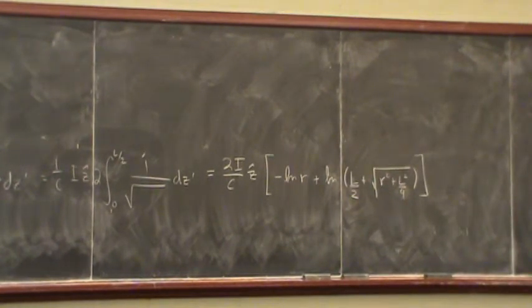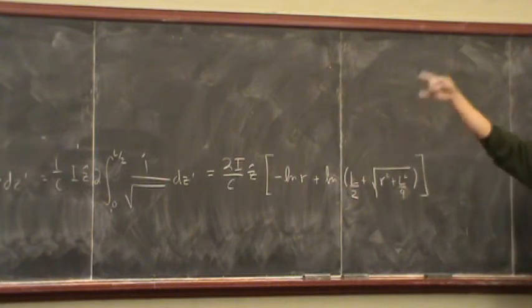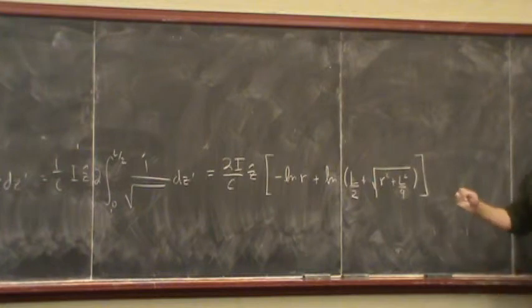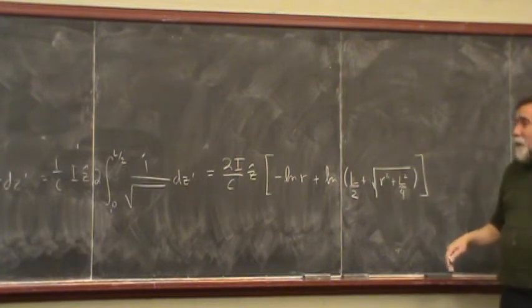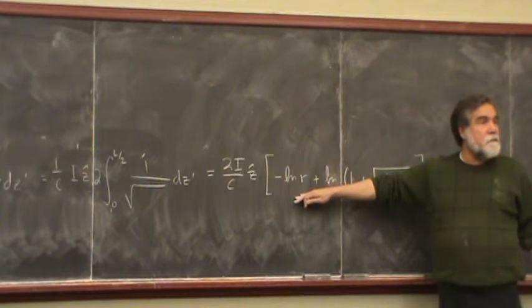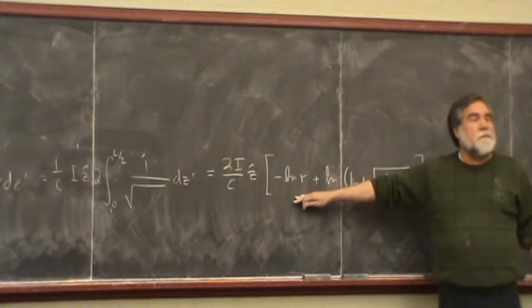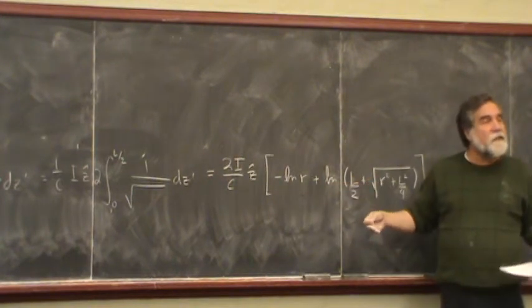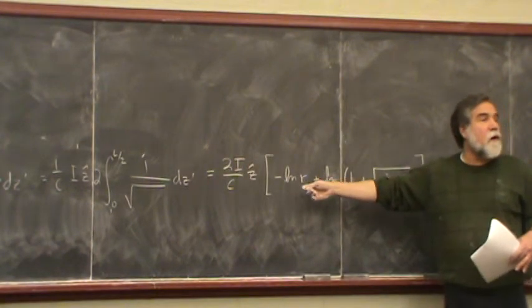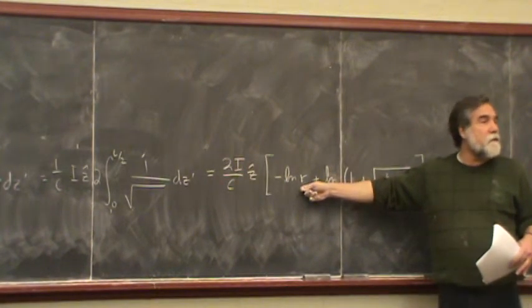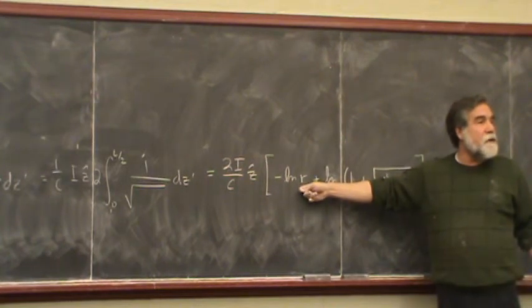Because what we're going to do is, when L gets really, really big, you think, oh, we should ignore that. But no, because this is a potential that we're going to take the derivative of. We need to keep the lowest order in r that appears in this equation, and that's that one there.